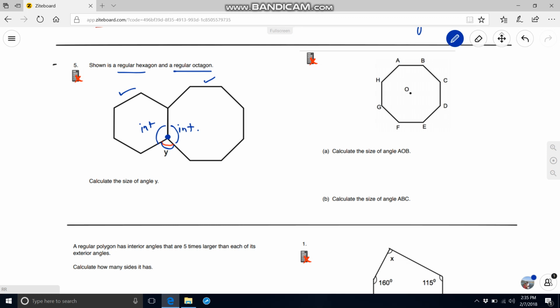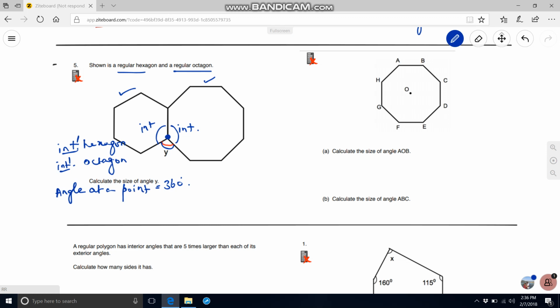So we have to find out the interior angle of the hexagon first of all, then the interior angle of the octagon next, then add up both angles and take away from 360 degree. So you have to use 3 rules. One is hexagon interior, another one octagon interior, then angle at a point 360 degree to get the y value.